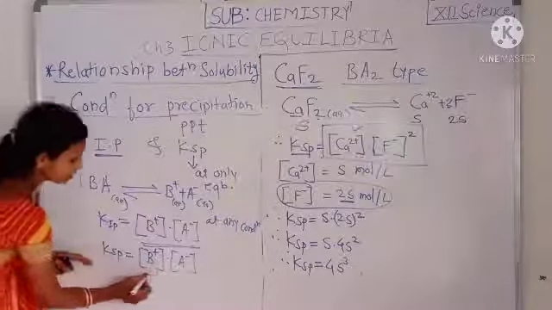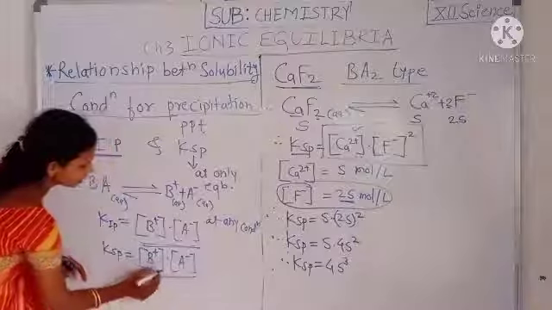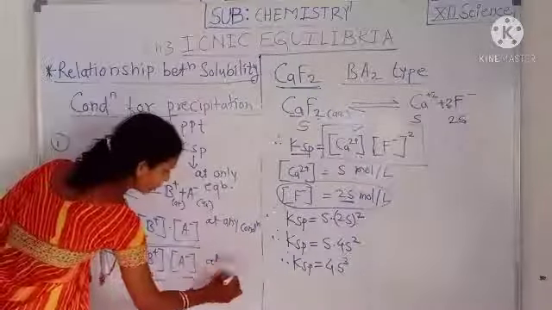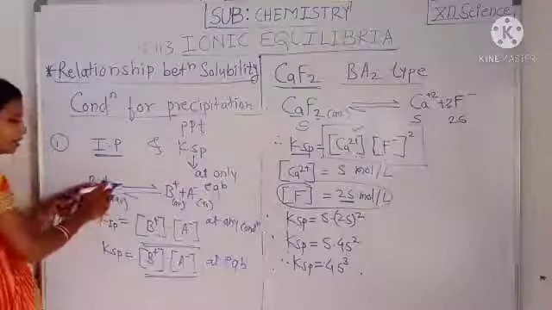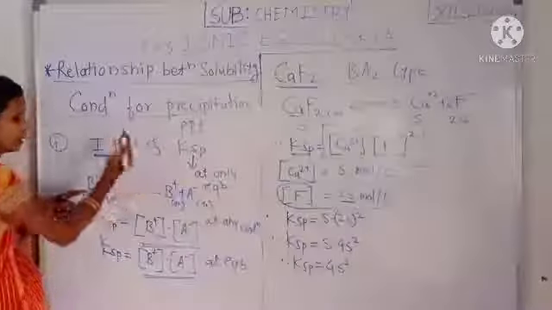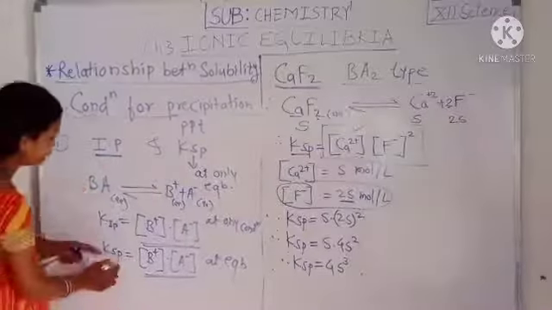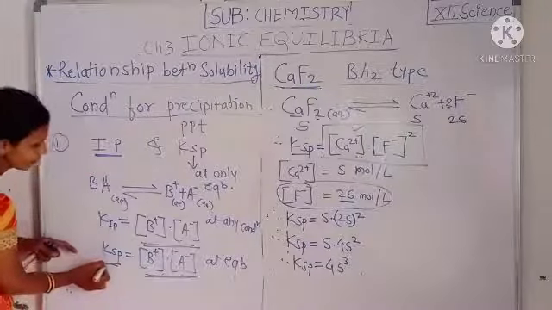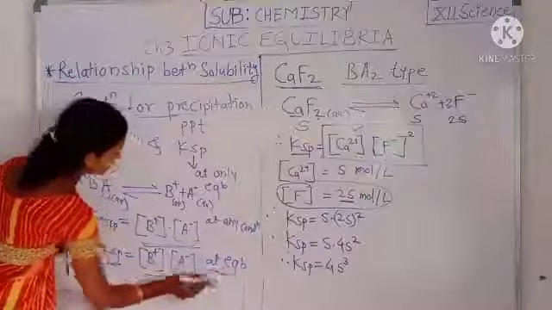But when equilibrium is attained in this equation, the same ionic product, the concentration of B plus into the concentration of A minus, is written at equilibrium, and it becomes Ksp.